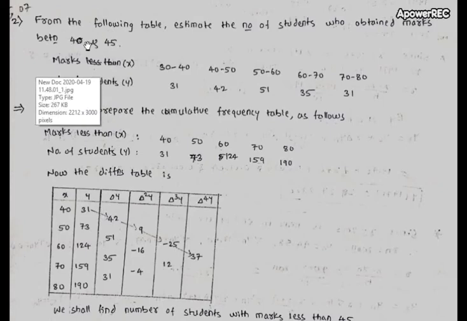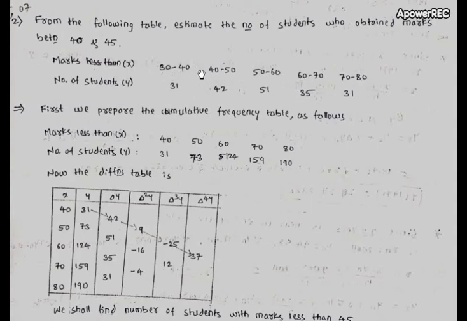Next example. From the following table, estimate the number of students who obtain marks between 40 and 45. Marks are given as x: 30 to 40, 40 to 50, 50 to 60, up to 70 to 80.